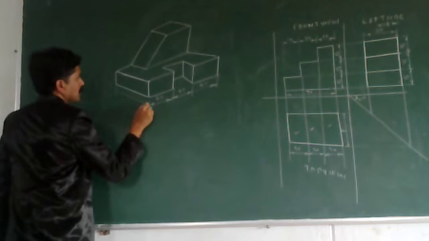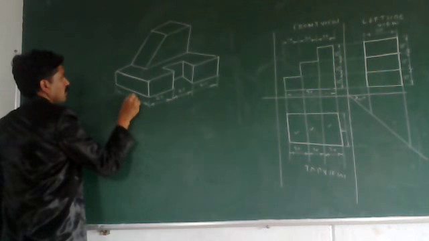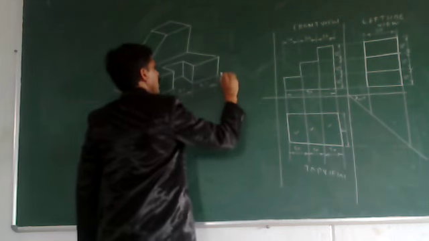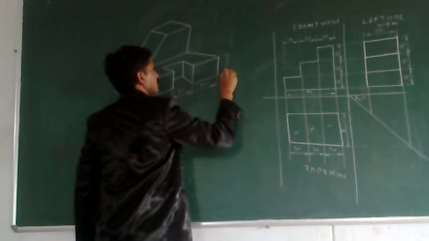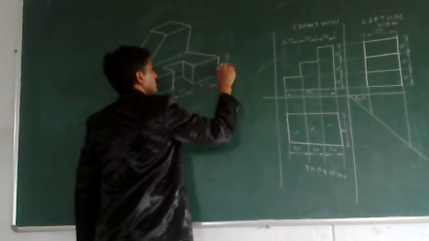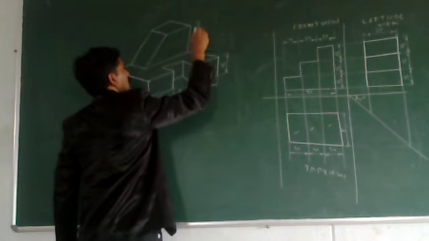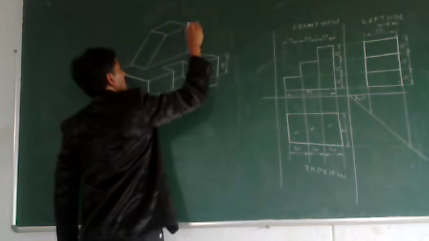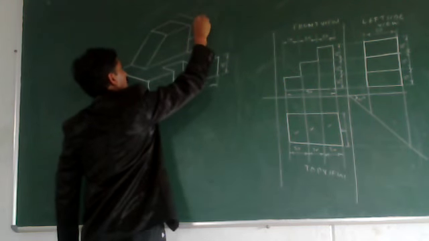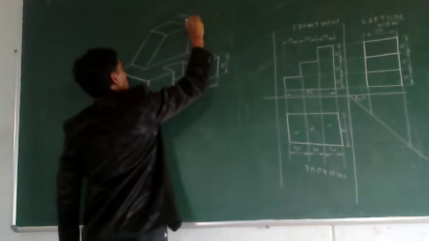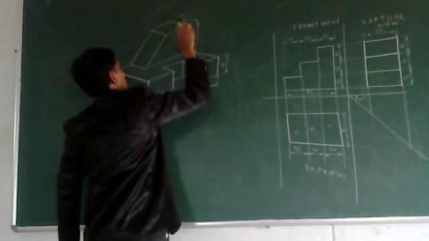And see the width. Here this width is 45, and the base height is 15, and the wall height is 30, and this land width is around 20.